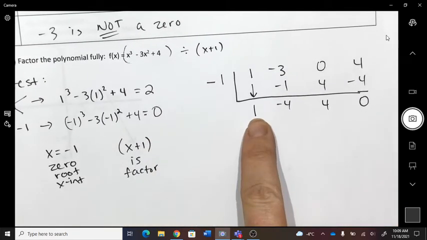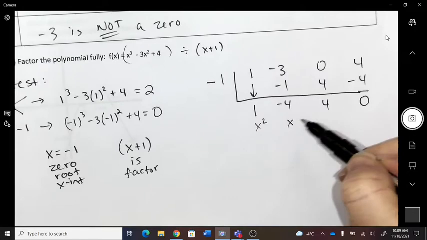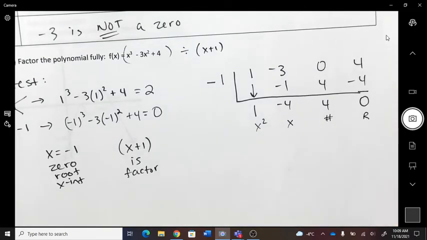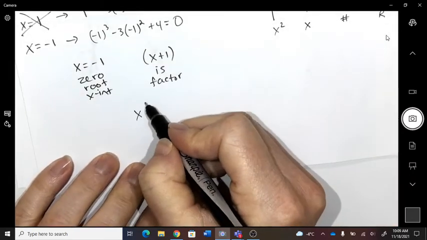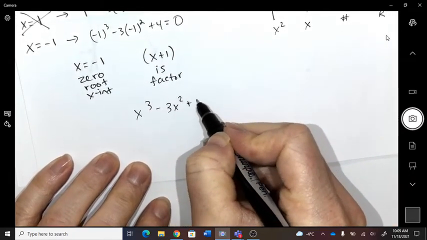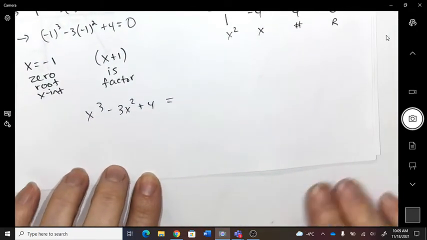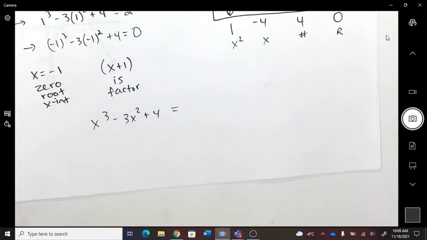Okay, what is this 1? 1 what? 1x squared, x, number, this would be a remainder, right? Okay, so factoring it. This polynomial equals what times what?